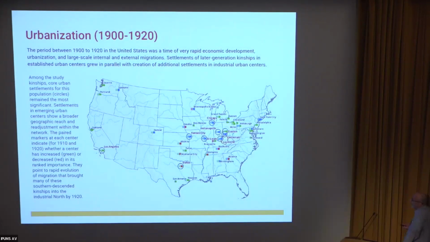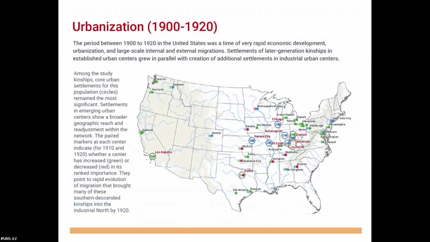Urbanization was a major movement or trend all over the United States. This is a national representation of where the most important urban areas that the kinships of the study population can be found. These circles represent kind of the core places.